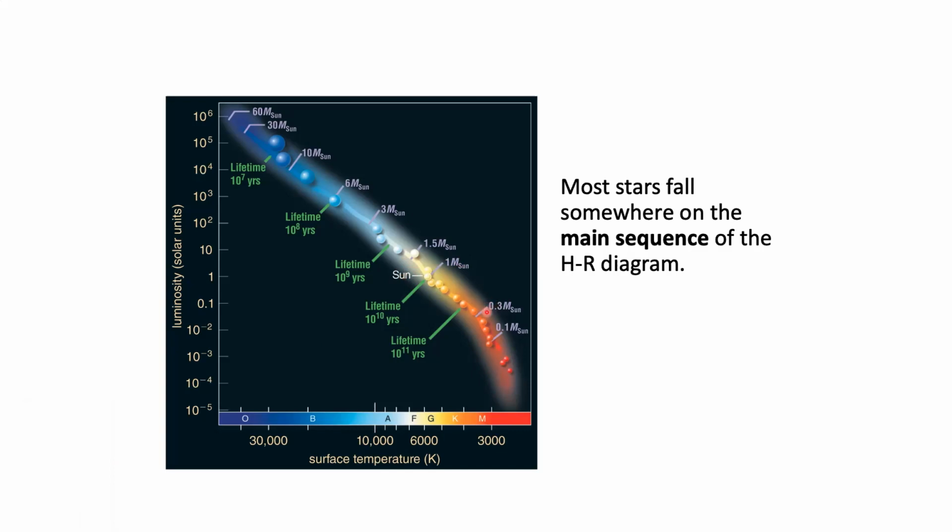But a star down here is only 3/10 the mass of our sun. And this is 1/10 the mass of our sun all the way down there. And as we climb further up the main sequence, we go 1.5 solar masses, 3, 6, 10, 30, 60 solar masses. And we see that it really increases quite rapidly as we get to that top left section.